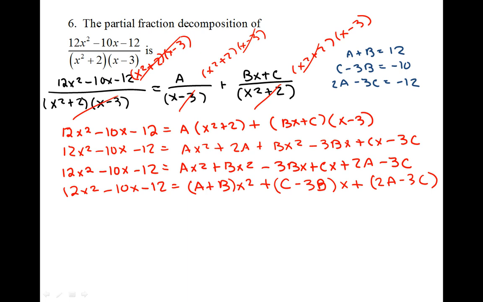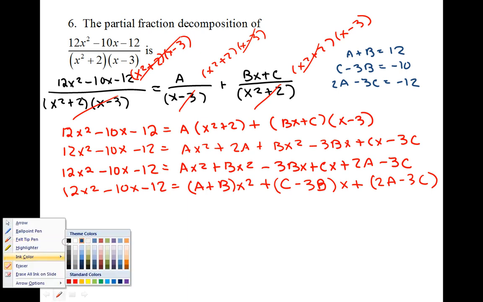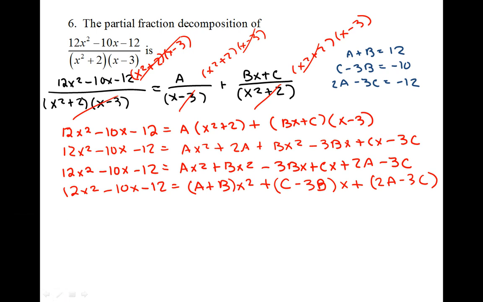A plus B equals 12. C minus 3B equals negative 10. And 2A minus 3C equals negative 12. Okay, so if A plus B equals 12, then that means B is equal to 12 minus A. And I'm just going to plug that into this one right here. So I'm going to have C minus 3 times 12 minus A equals negative 10.